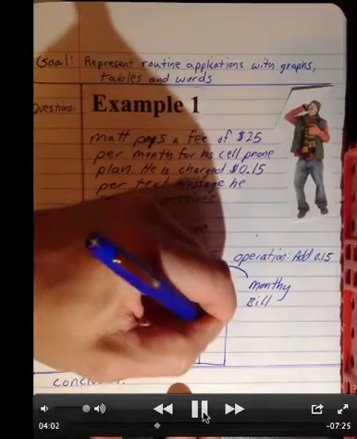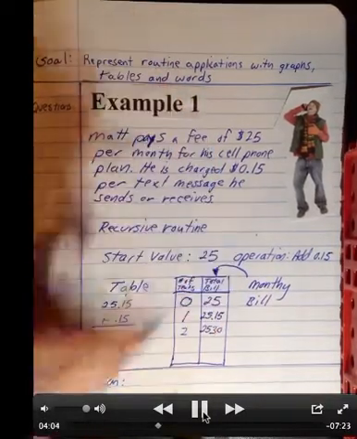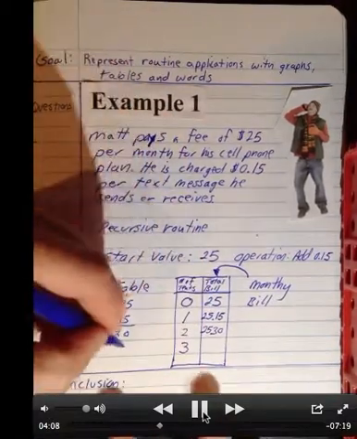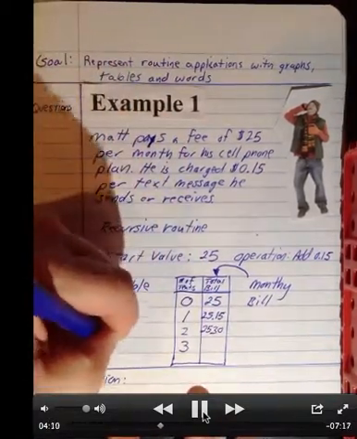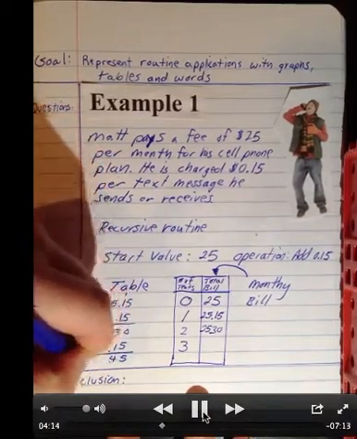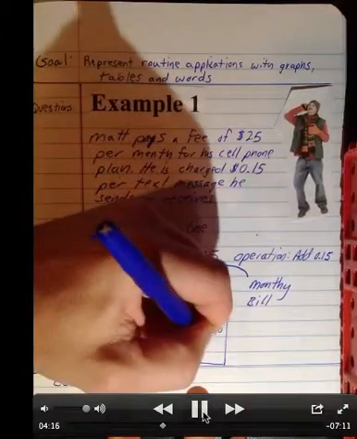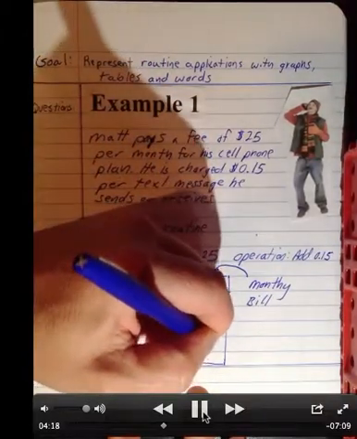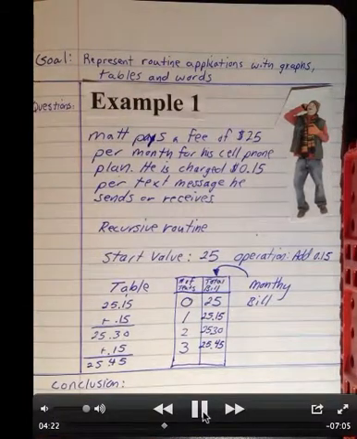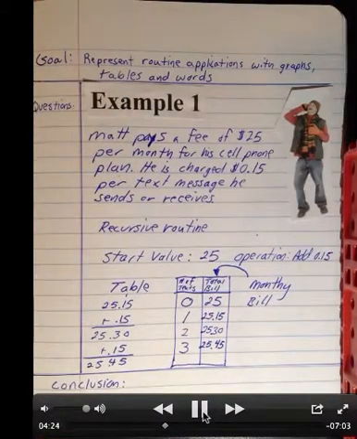Notice that our counter is not the number of months, it's the number of texts he sends or receives. So if he sends or receives 3 texts, it's $25.45.